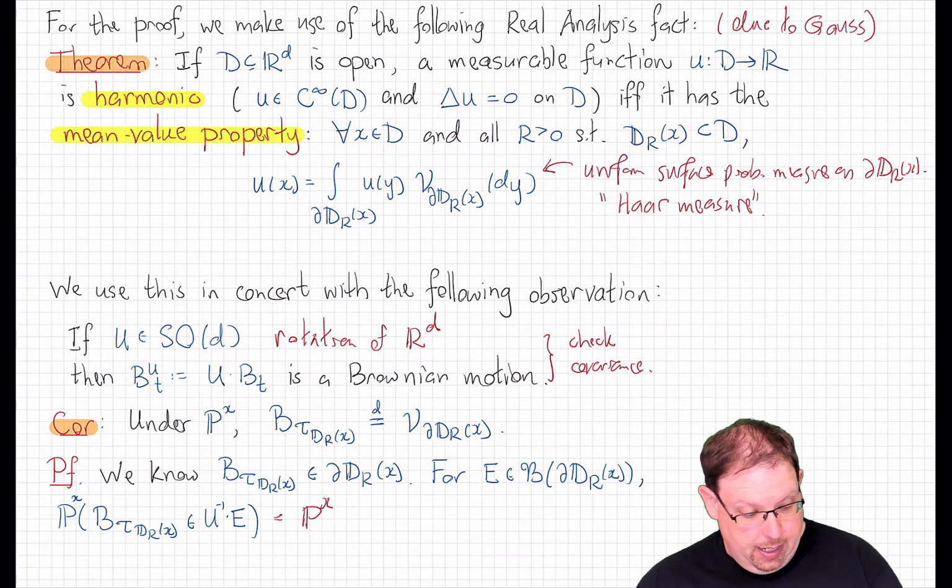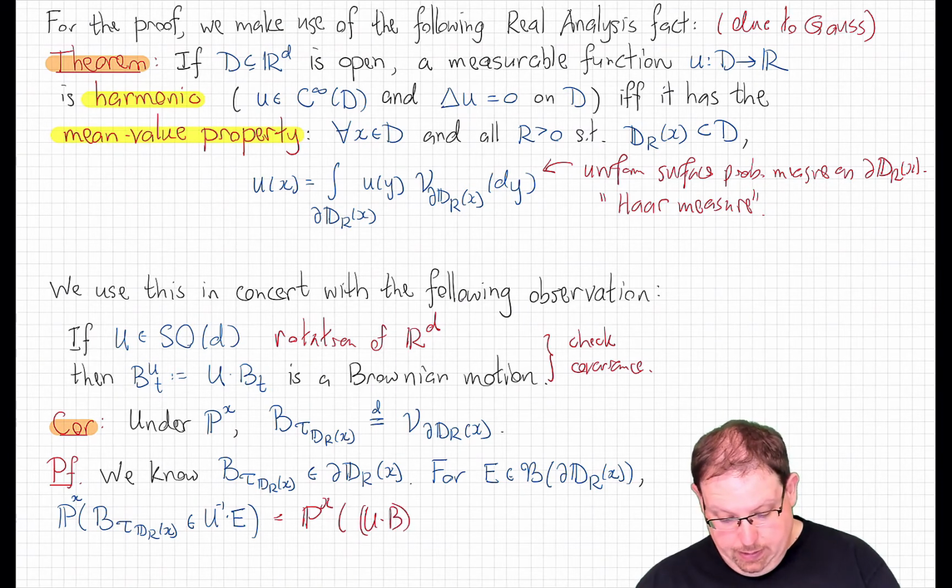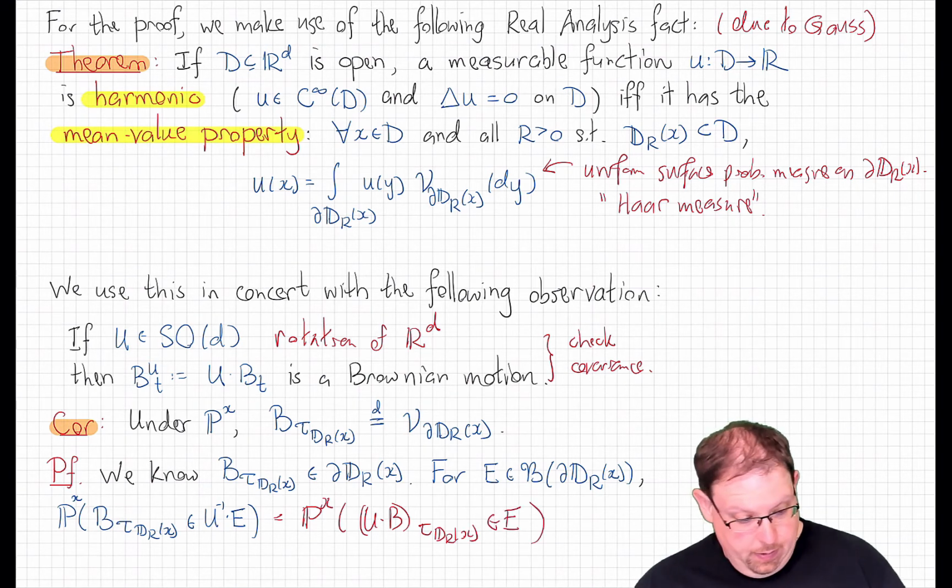Together, this is the same as the probability that U times B exits the disk in E. But as we saw above, this is the same in distribution as the original Brownian motion.